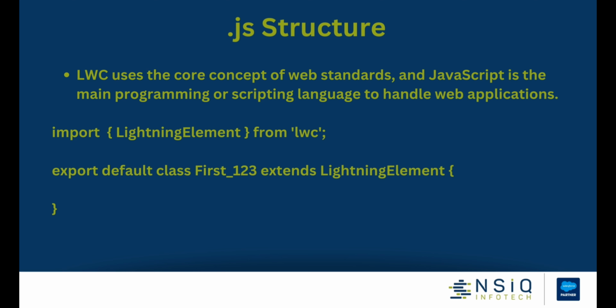Shadow DOM, web components, custom elements, modules, ECMAScript 7, events, standard elements, rendering, templates, and slots are handled by JavaScript and LWC. That is the reason LWC components give better performance and better security.